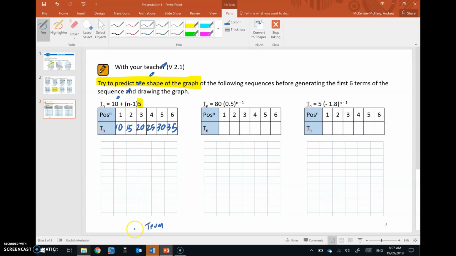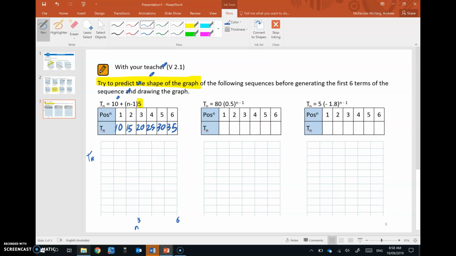Down here we have the n value, the term 1, 2, 3, 4, 5, 6, and up here we've got Tn.